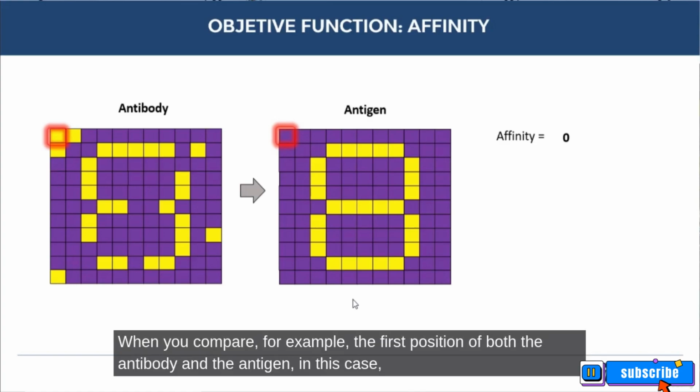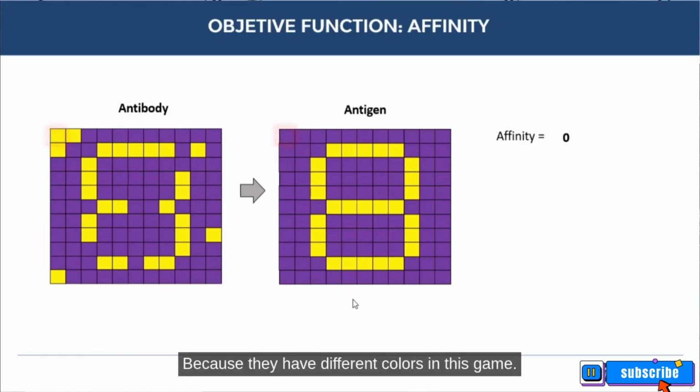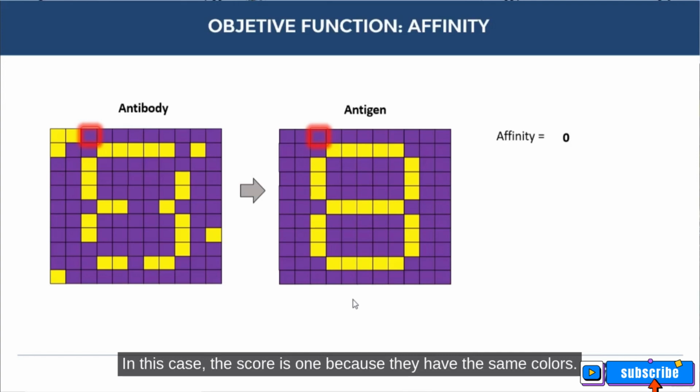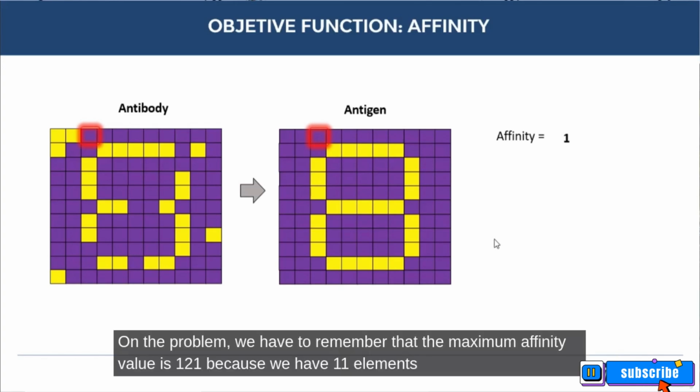So we will compare, for example, the first position of both the antibody and the antigen. In this case, the score is 0 because they have different colors. In this case, the score is also 0. In this case, the score is 1 because they have the same color. So we update the score of affinity. This will be the objective function of the problem.